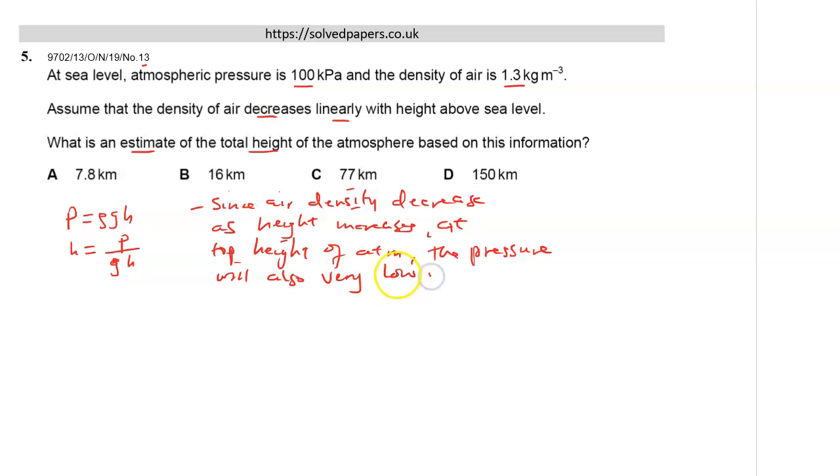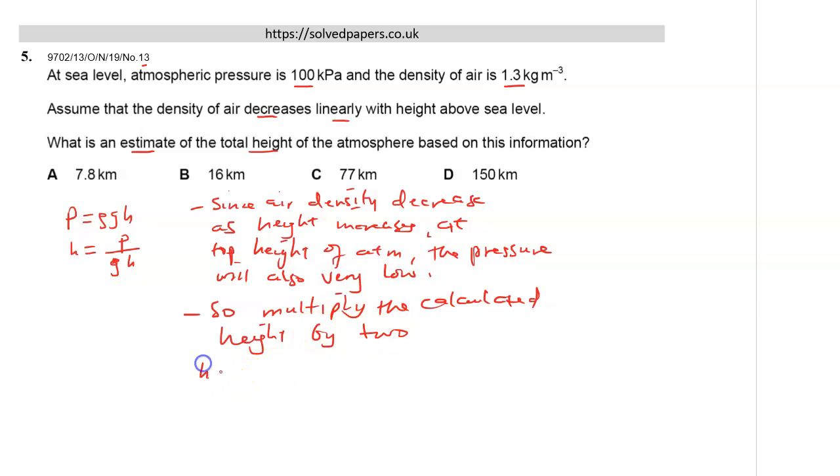You can also assume that the pressure at that point will be almost zero. So because the pressure will be almost zero, we multiply the calculated height by 2.